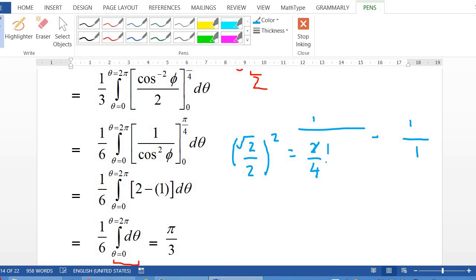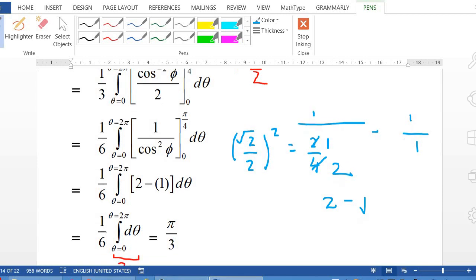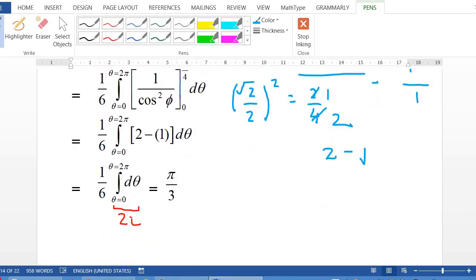So 1 divided by a half will be 2, minus 1. So 2 minus 1, we have 1. So you get 1 over 6 times the integral of theta, which gives 2 pi. So 2 pi divided by 6, you get pi over 3.